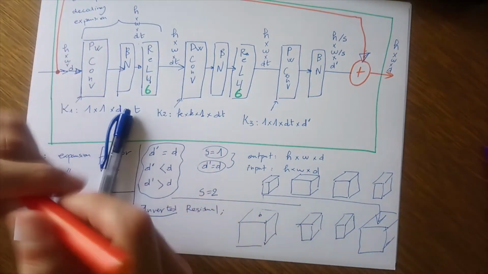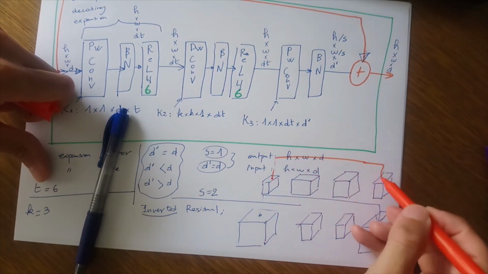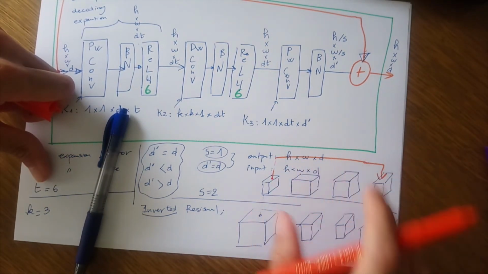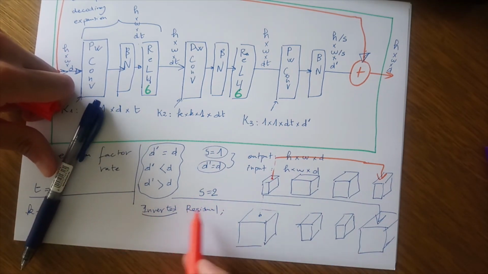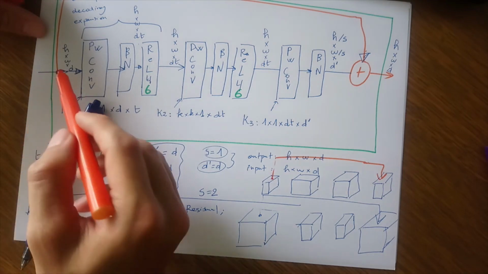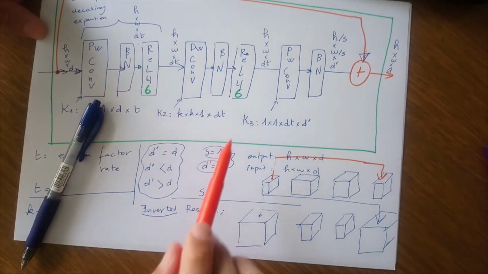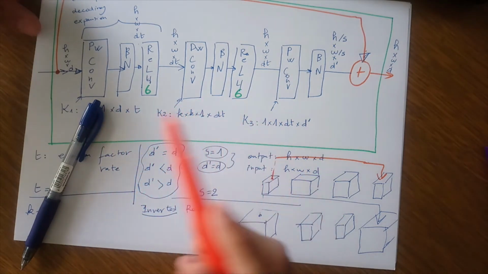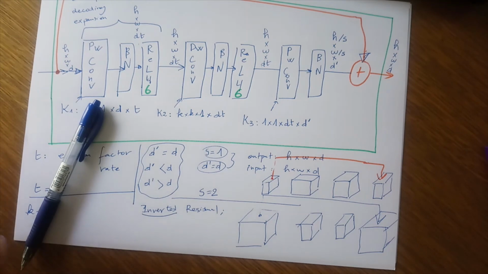And the residual connection is between these thin activations. So it's kind of reversed, inverted. This is why they call it inverted residual. And the residual term is, of course, because they have used the residual connection. The motivation for using such a connection is the same as in the original paper, to help the gradients propagate across the network.